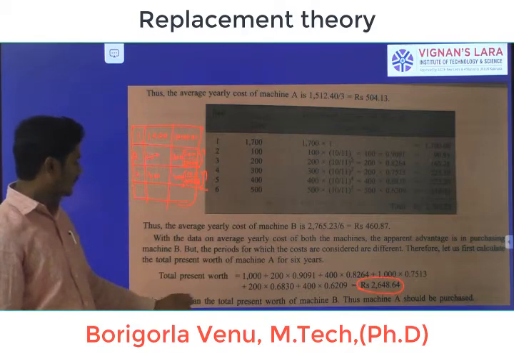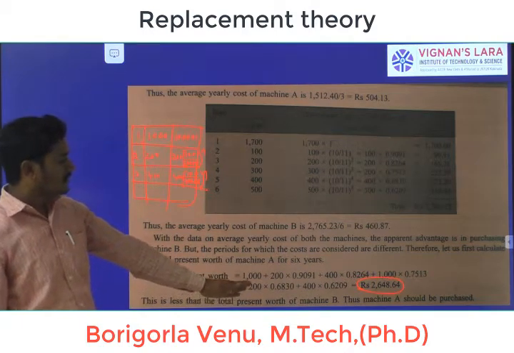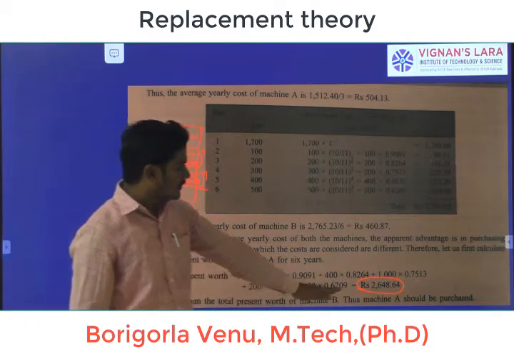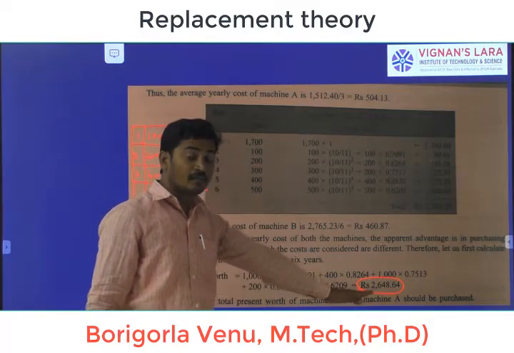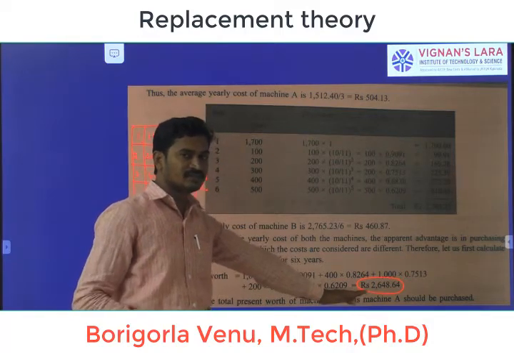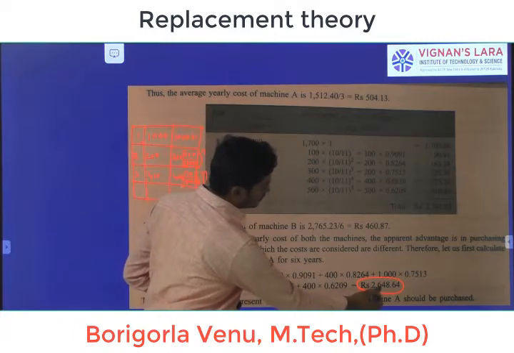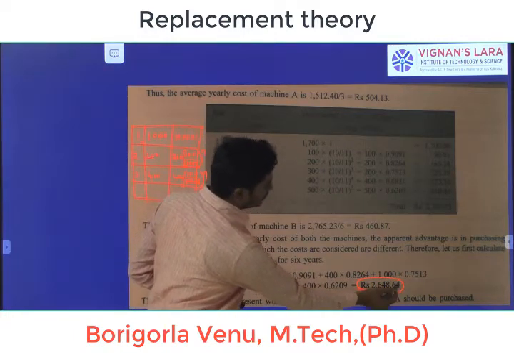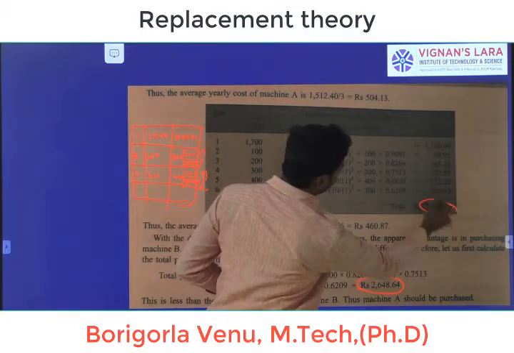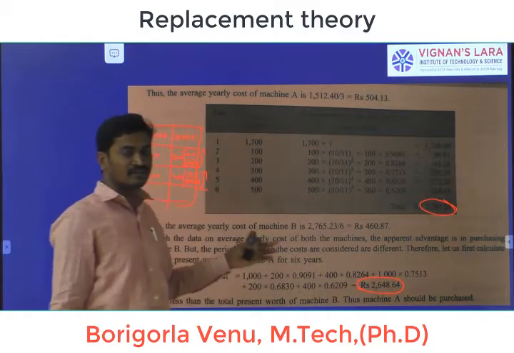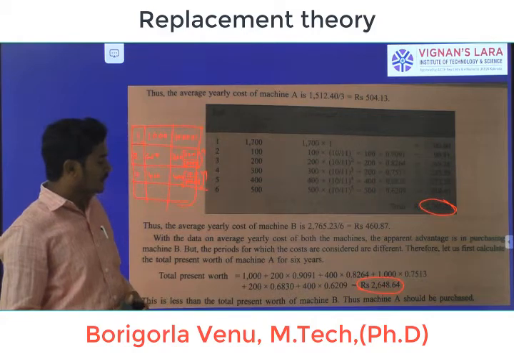From this, we are going to calculate the present worth factor. If we consider 6 years, machine A is better compared to machine B. Because here machine A we have 2648.64. Coming to machine B we have 2765.23. This is the present worth factor.